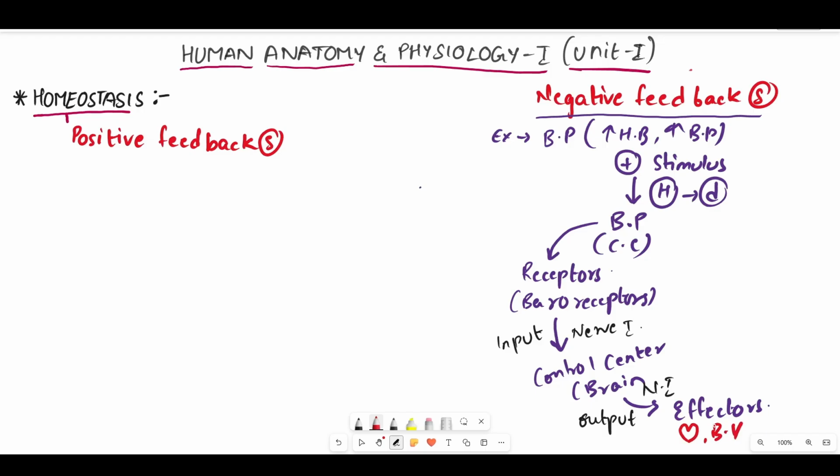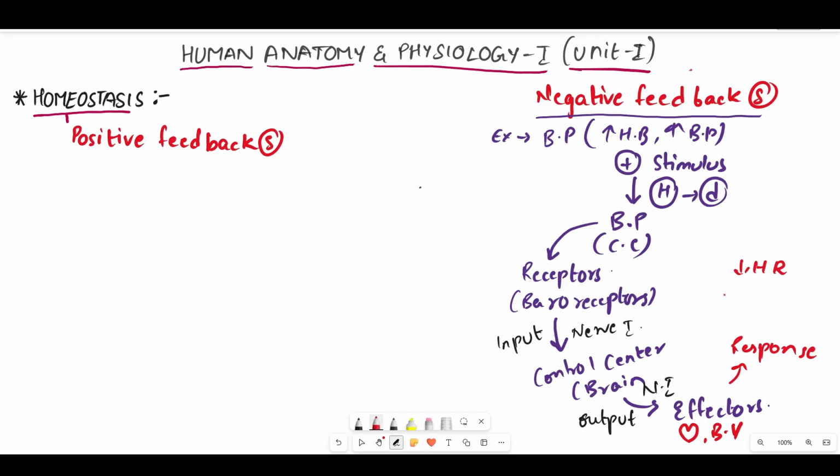Both will be acting. Then we will be getting one response. What will be the response? Our condition is an increase in the BP and an increase in the heartbeat. It will be decreasing the heart rate first.